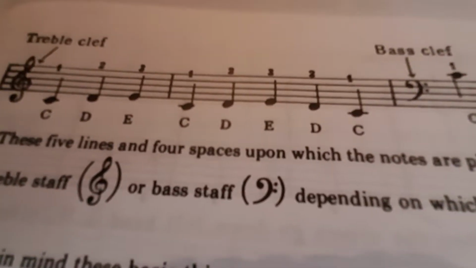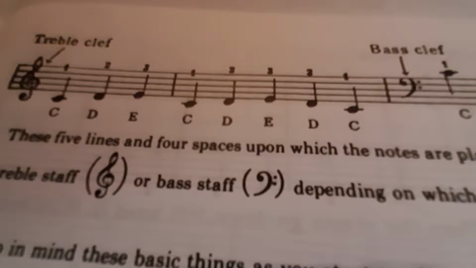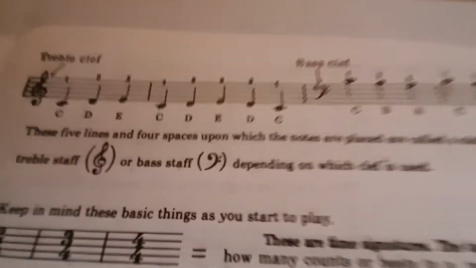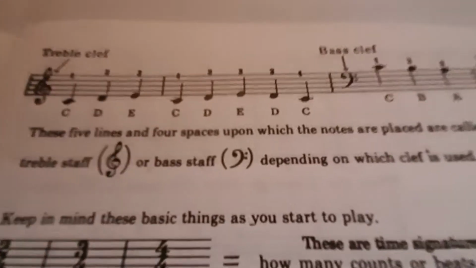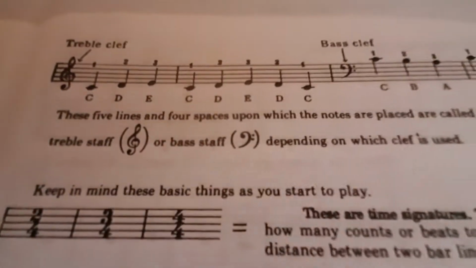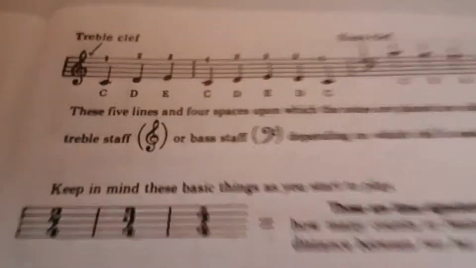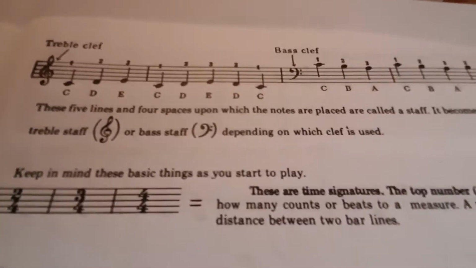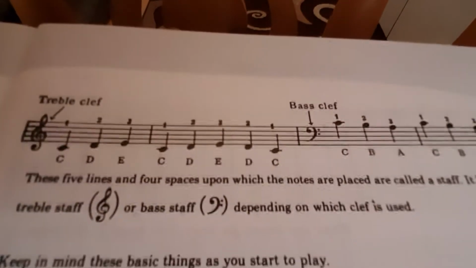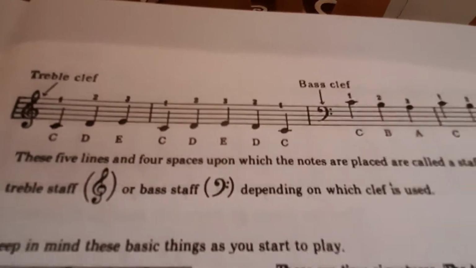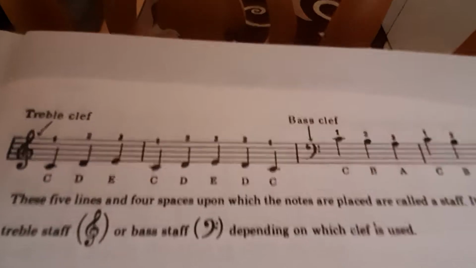So I want to try and play that again. I'm playing the notes which I have in front of me now, and the first key I'm playing there is C. Does it sound like that? If it sounds like that, then you are playing the correct key.